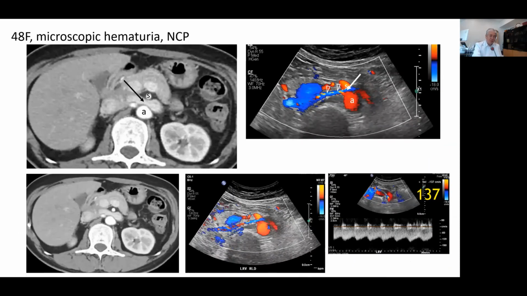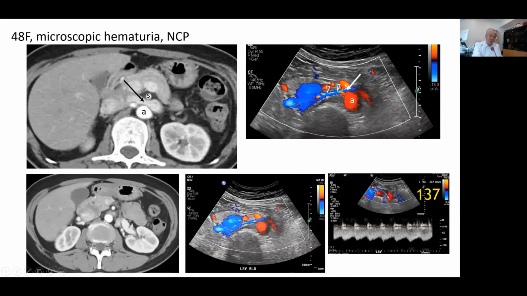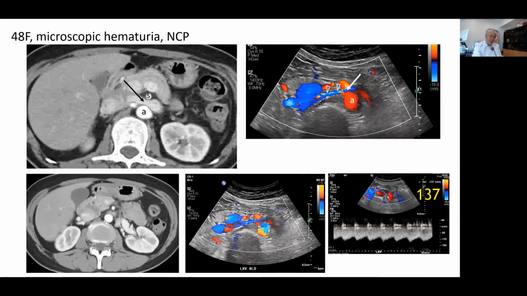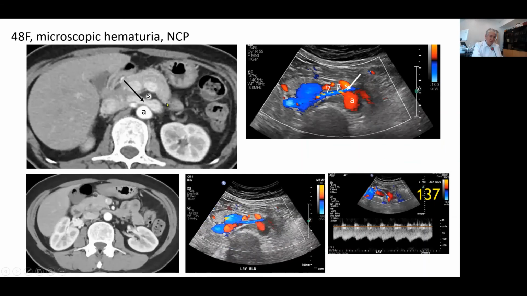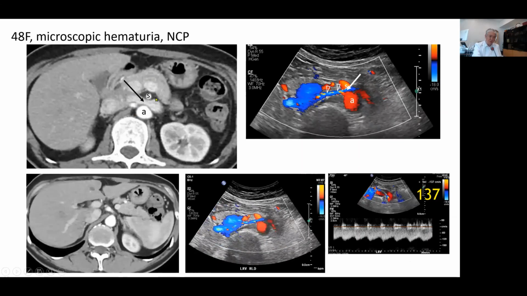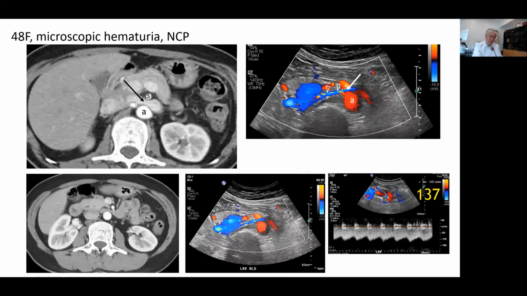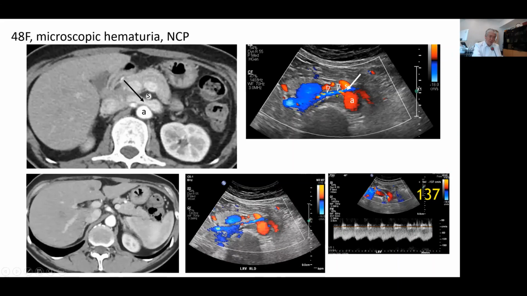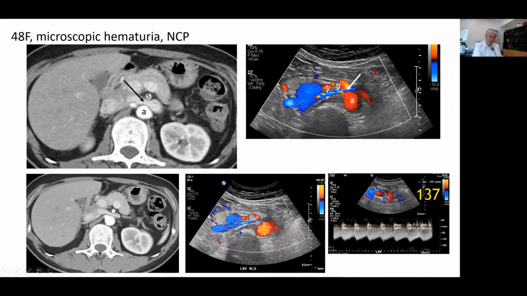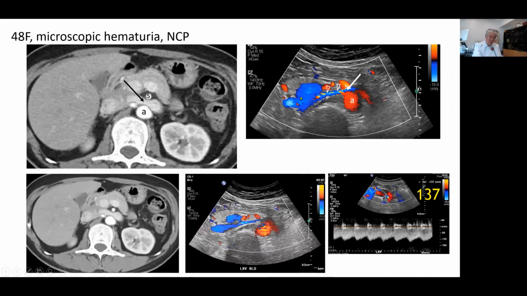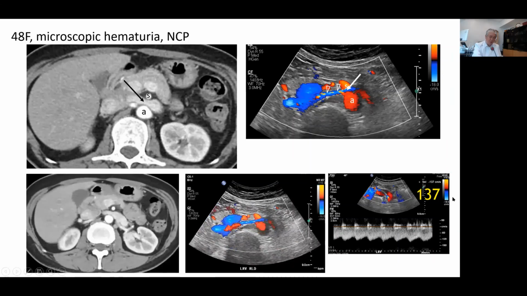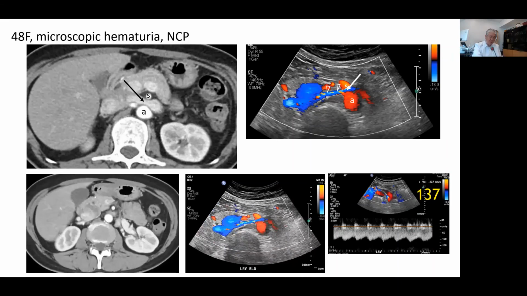One thing I want to mention is that frequently the Nutcracker findings at CT and the findings at ultrasound look quite different. CT shows just a subtle compression of the left renal vein between the aorta and superior mesenteric artery, and we may not suspect Nutcracker with the CT in this patient, but color Doppler well shows compressed left renal vein between the aorta and the SMA, and bright colored jetting phenomenon with a peak flow velocity of 137 centimeters per second.